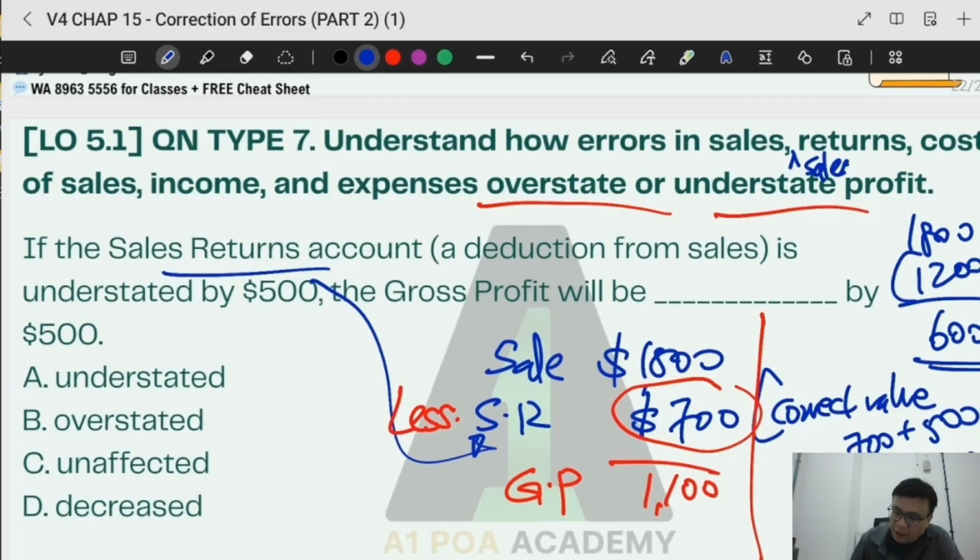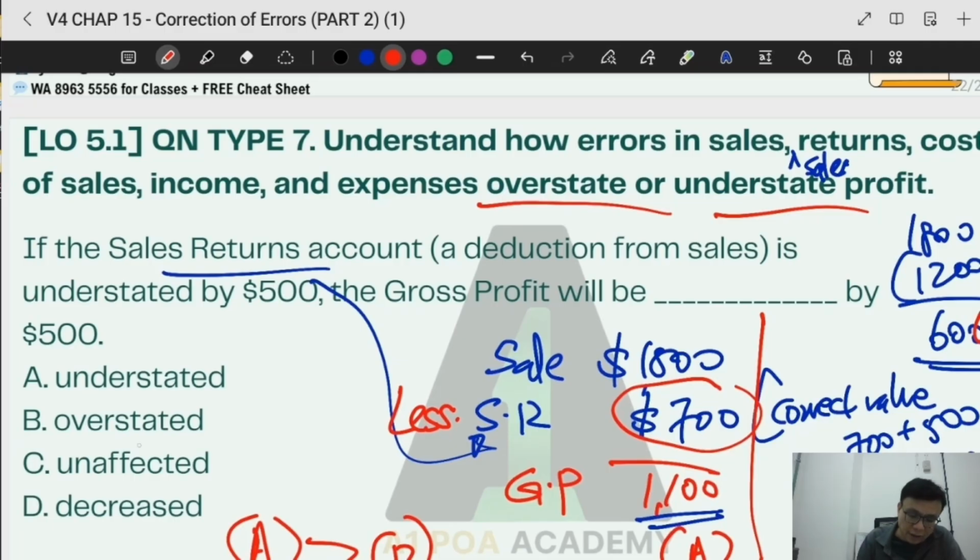So you can see that there is a difference whereby in this instance, under the wrong scenario, the GP is higher. A is higher than B. A is higher than B. And therefore, gross profit will be overstated by $500.